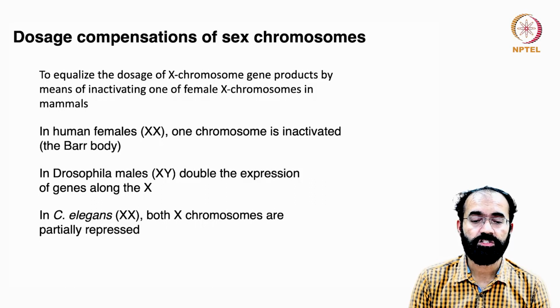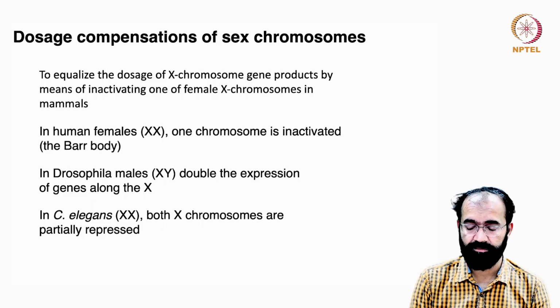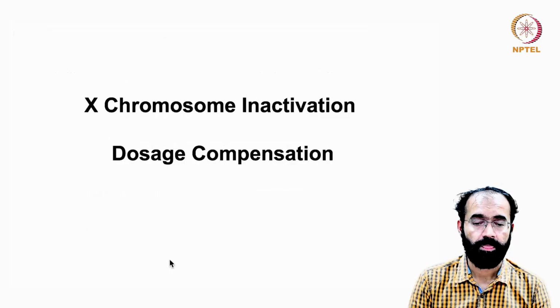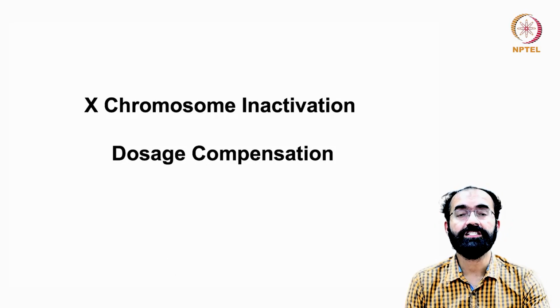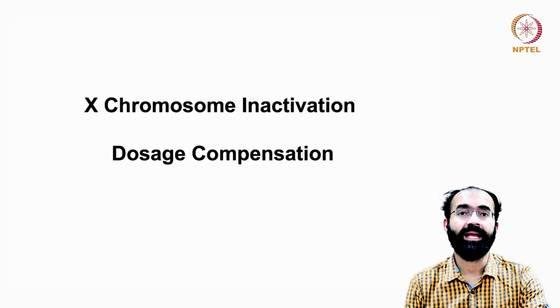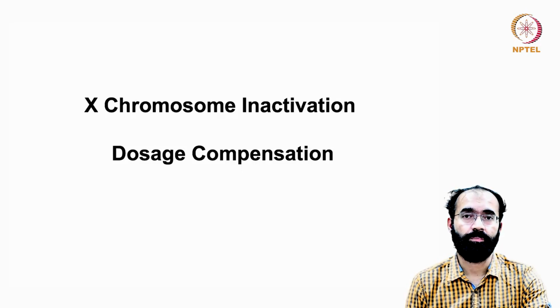In Drosophila males, XY, they double the expression of the genes along the X chromosome to match that of the female. In C. elegans, XX, both X chromosomes are partially repressed, like we discussed so far. So X chromosome inactivation or dosage compensation is a vast research topic.